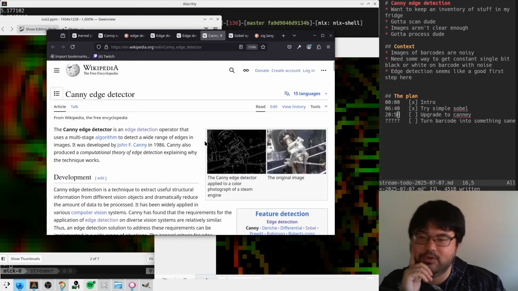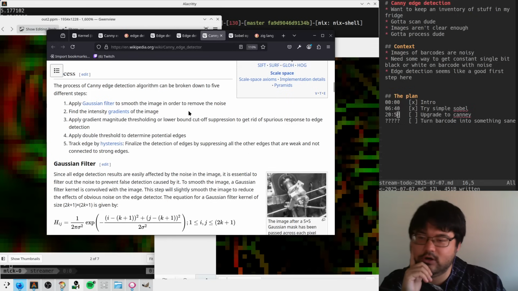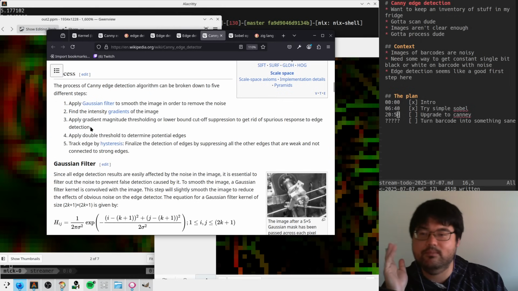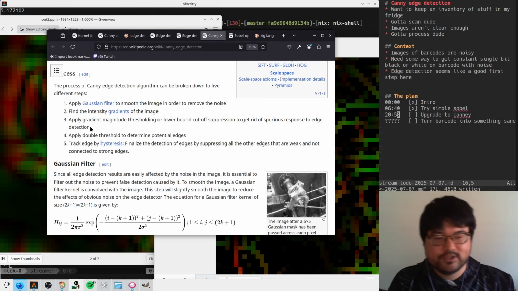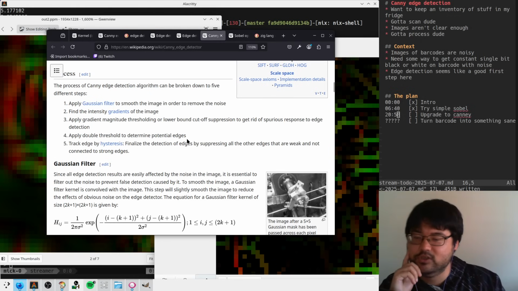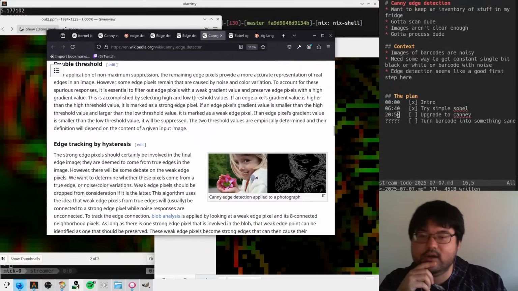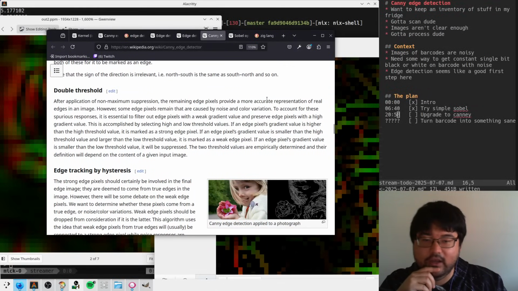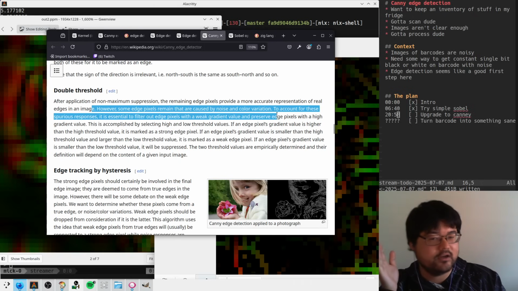Okay. So we got through blur. We've got gradients. We got gradient magnitude thresholding. Hype, dude. Double threshold. Okay. So here, I think, if I remember correctly, some edge pixels are caused by noise and color variation, right?